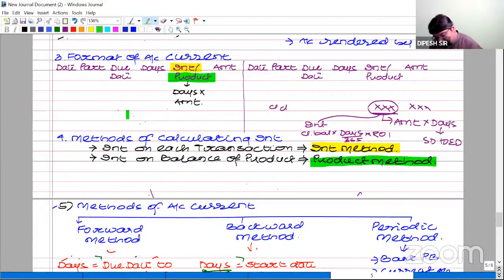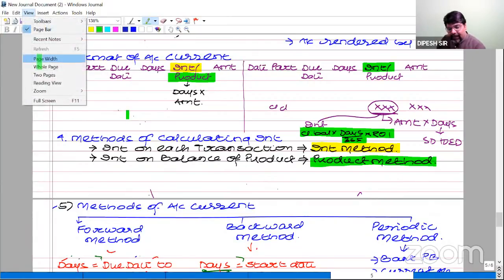If there is an interest column, then you are supposed to calculate interest on closing balance like this: closing balance into days divided by 365 into rate of interest. That closing balance is very, very important. If it is product, then amount into days. If it is interest, then amount into days by 365 into rate of interest. Am I clear? Yes, sir.